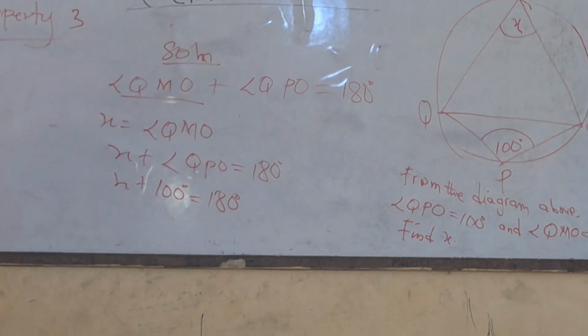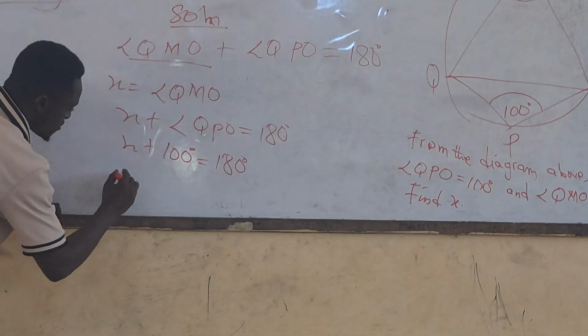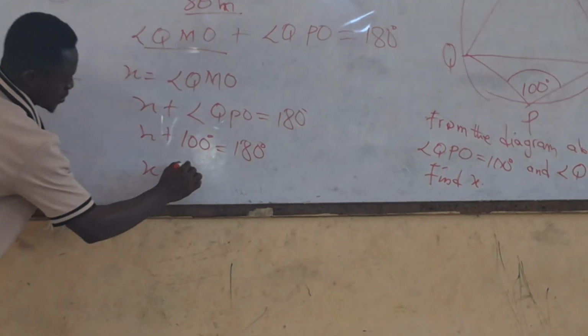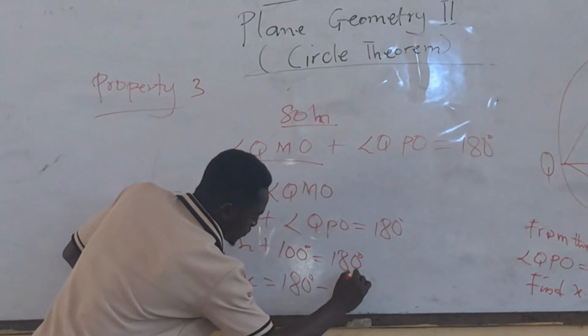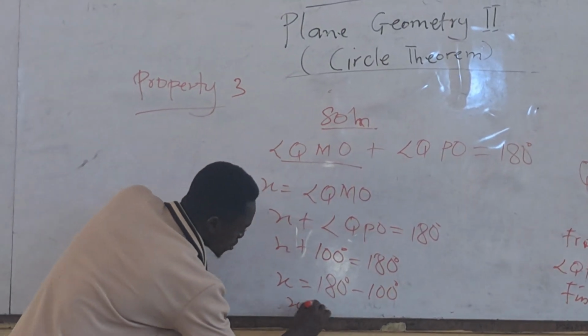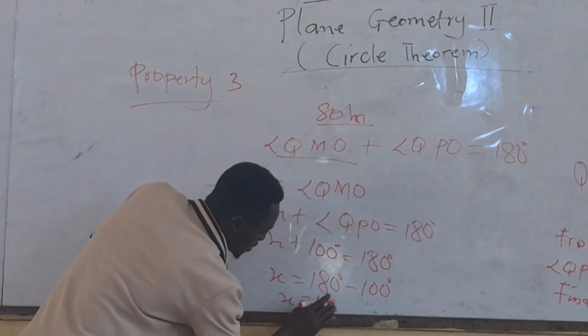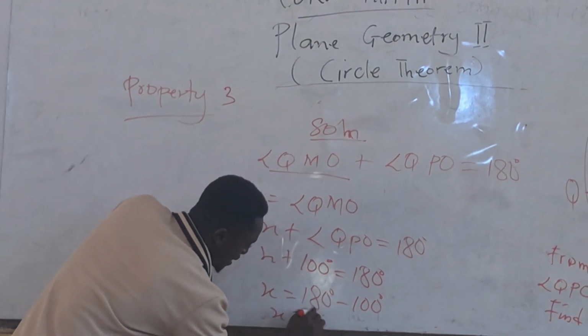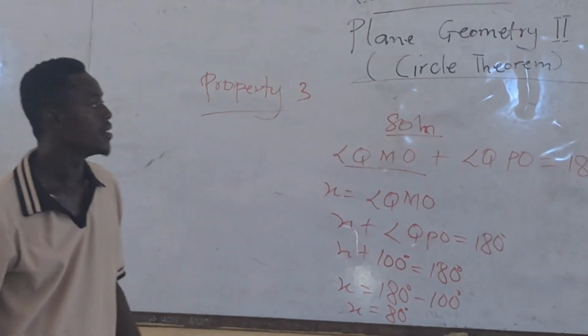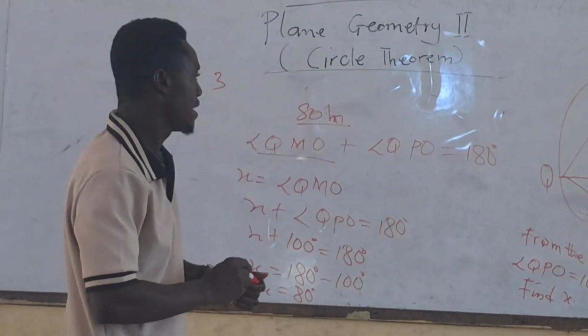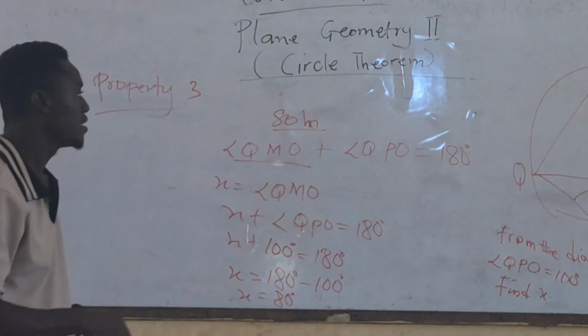We have to find x. Therefore, x is equal to 80 degrees.